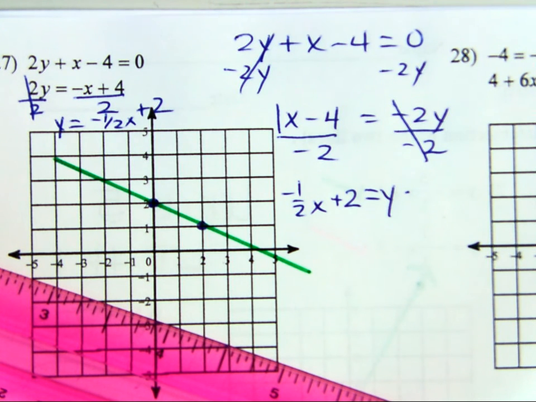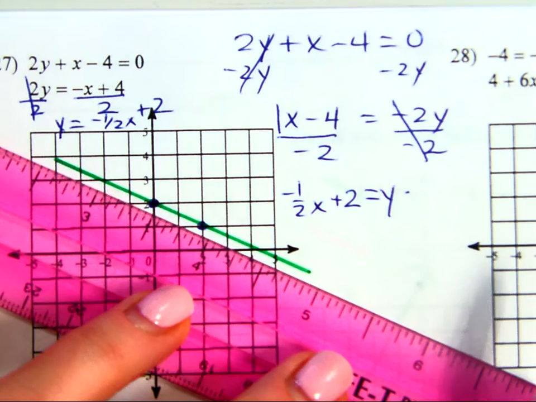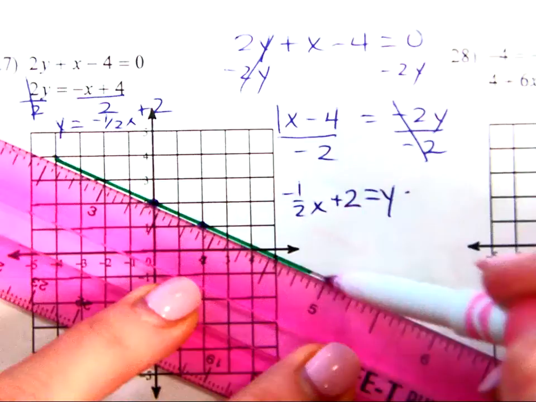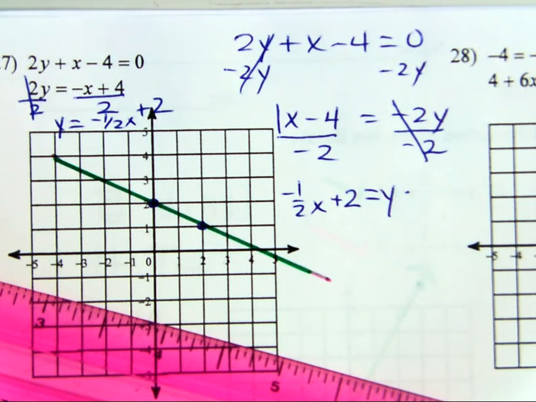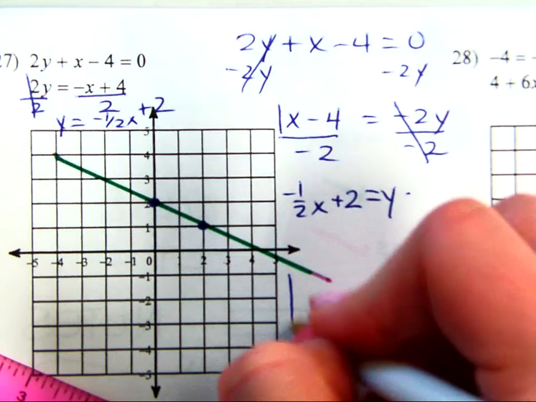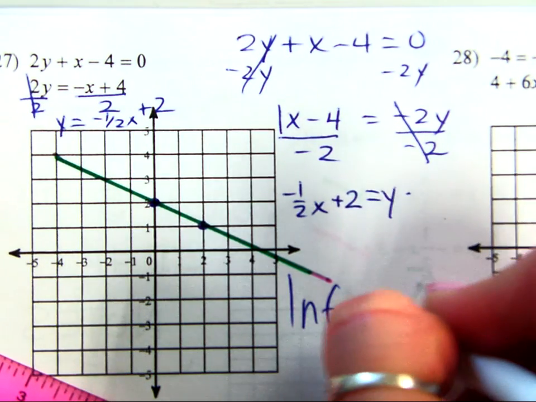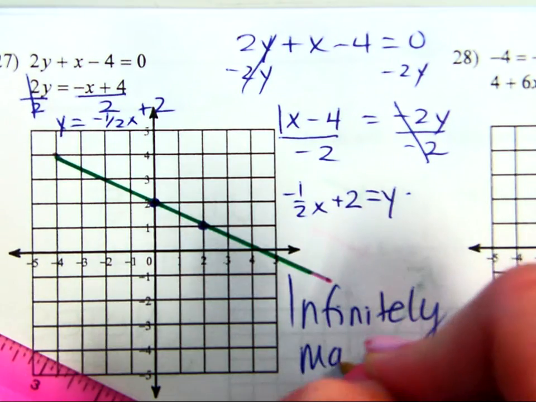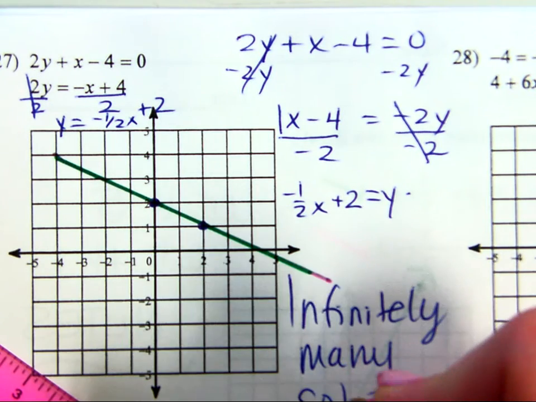Everywhere, right? Don't they intersect everywhere? But that's not a fancy enough answer, right? So what is their fancy answer in algebra for everywhere? All real numbers, or and in this case, we're actually going to say infinitely many solutions. Infinitely many solutions. Okay?